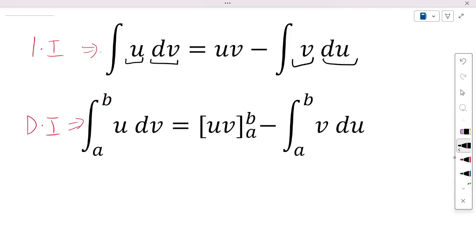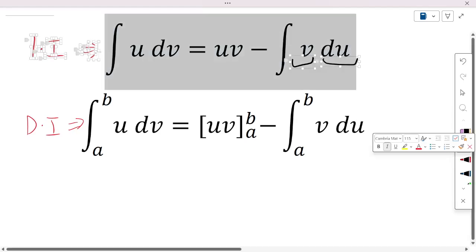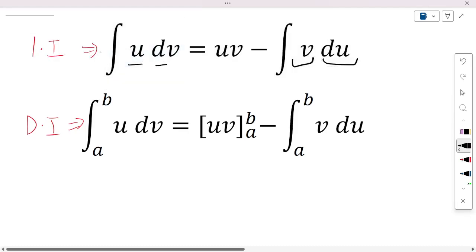Obviously, with this one, we already know from this and this over here. Great. Because of that, the first thing we're really focusing on is what is u and what is dv. That's where our substitution goes in. We're first going to find an equation with u as the subject of the formula, and then we're going to find dv.